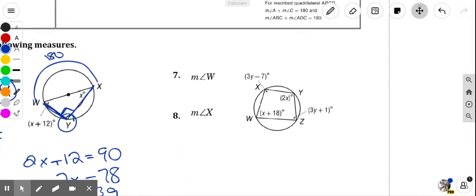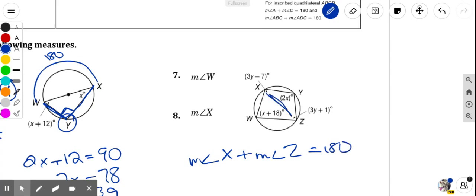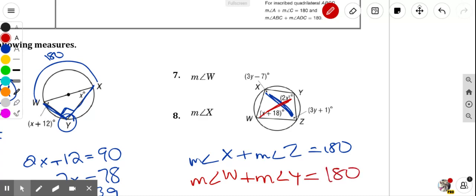Okay, number 7. This one is an inscribed quadrilateral. So that means that basically the measure of angle x plus the measure of angle z is going to be 180. Those are supplementary. And then you're going to have w and y. So measure of angle w plus measure of angle y equals 180. So you're just going to add those, set them equal to 180.